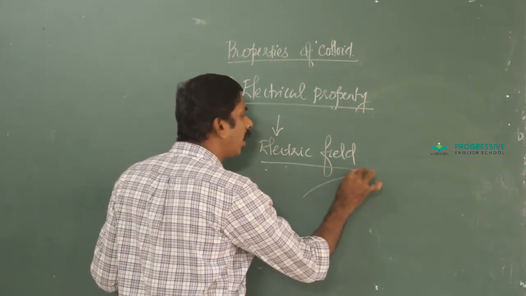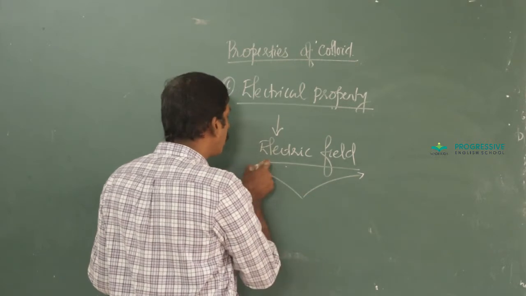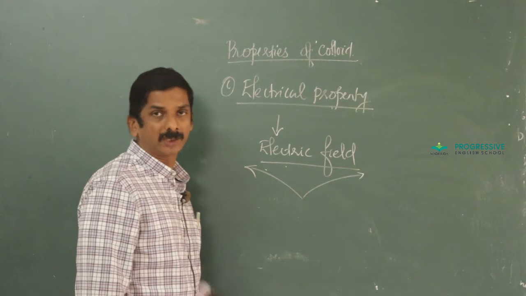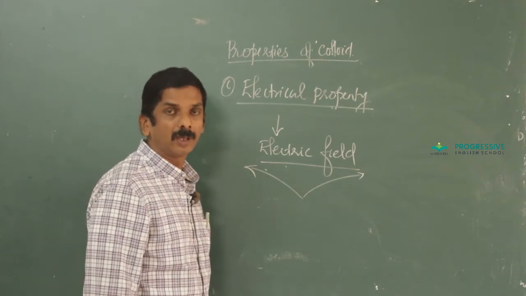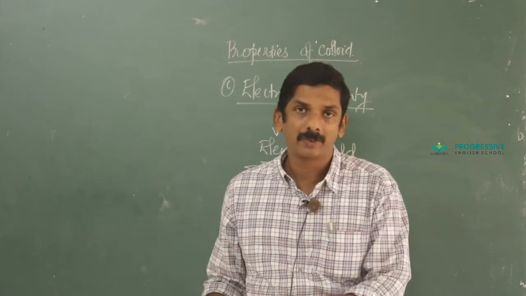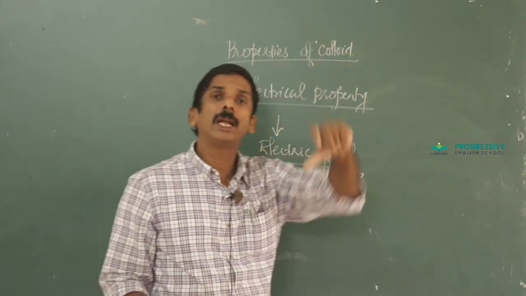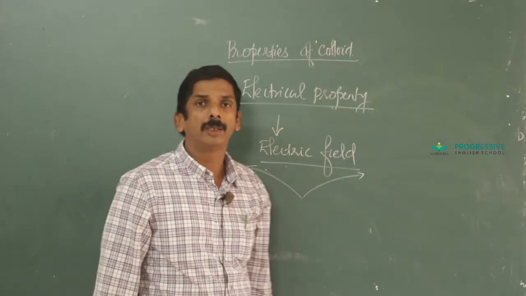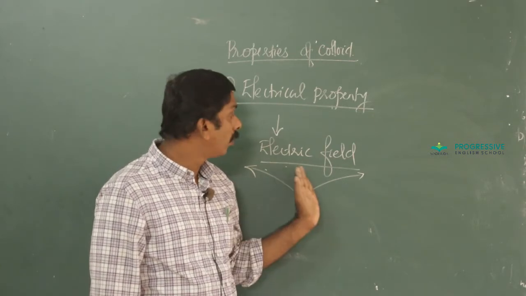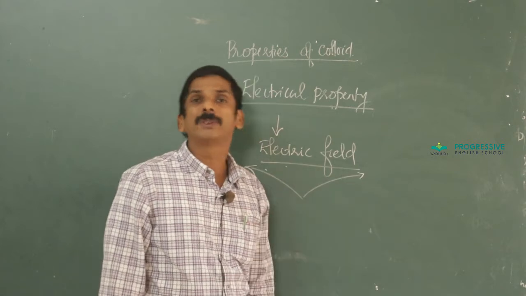Colloidal particles migrate towards electrodes of opposite charge. That is, colloids are either positive or negative charge, and when an electric field is applied, depending upon the charge on the colloidal particle, they move towards electrodes of opposite charge.